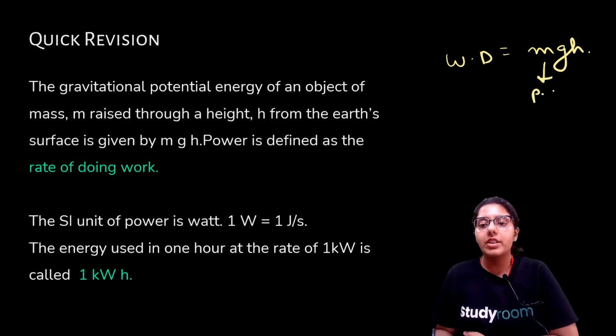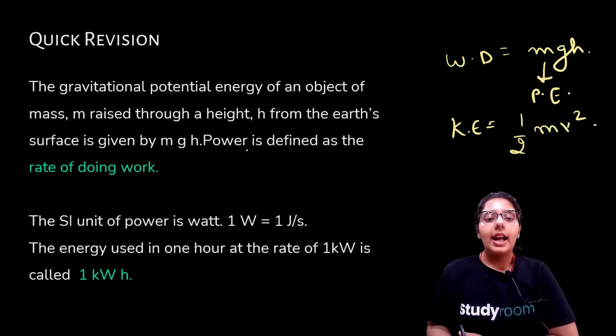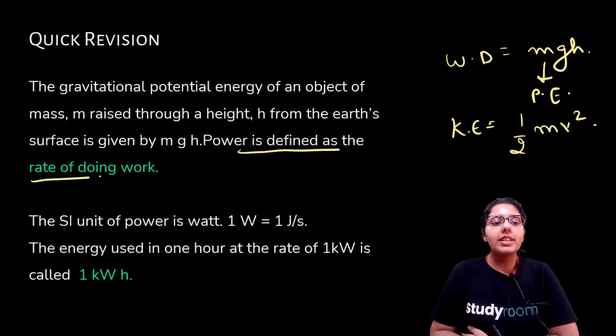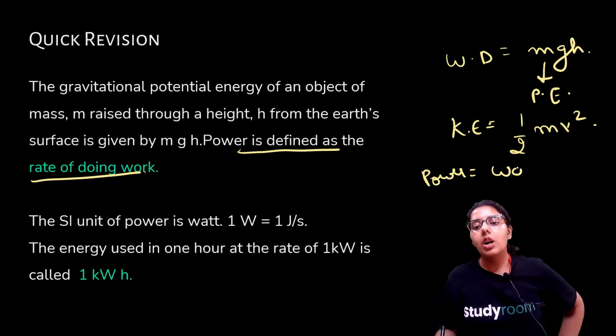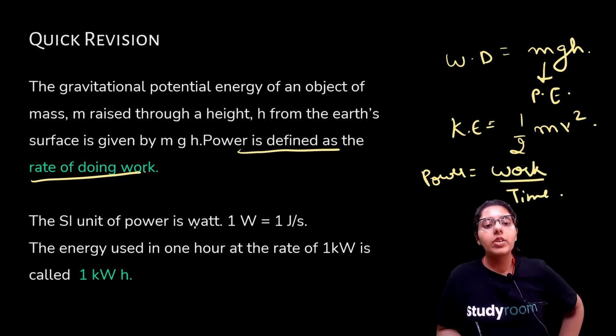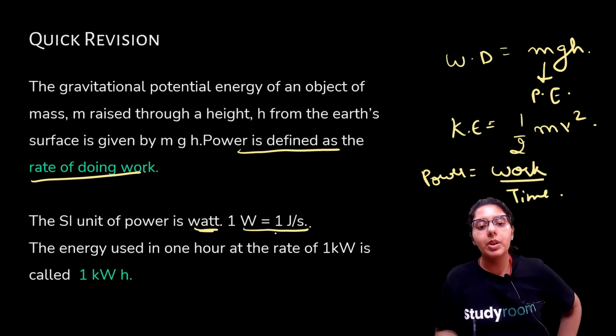And what is your kinetic energy? Half mv square, right? And what is power? Power is defined as the rate of doing work. So power is equal to work upon time, right? What is the SI unit of power? Watt. 1 joule per second.